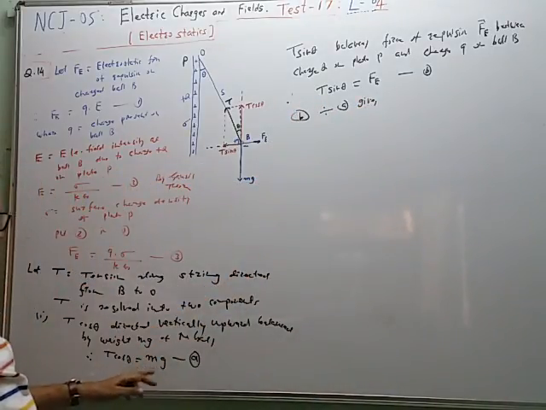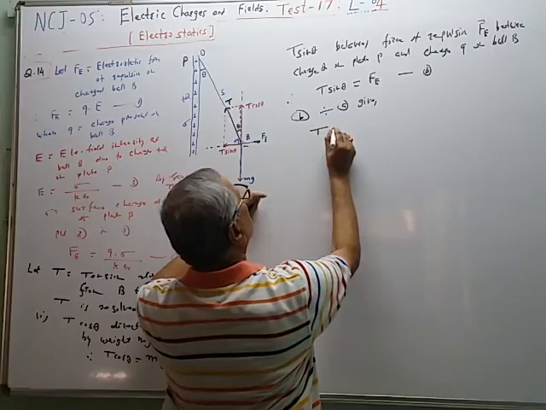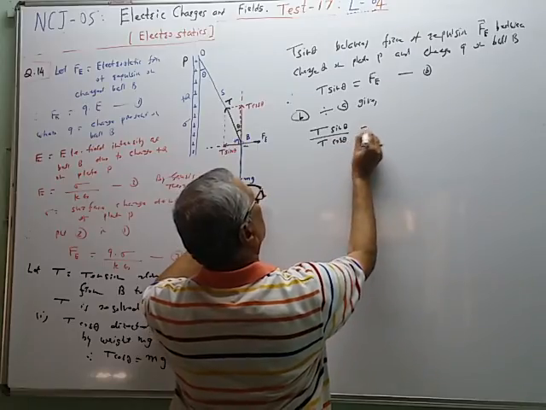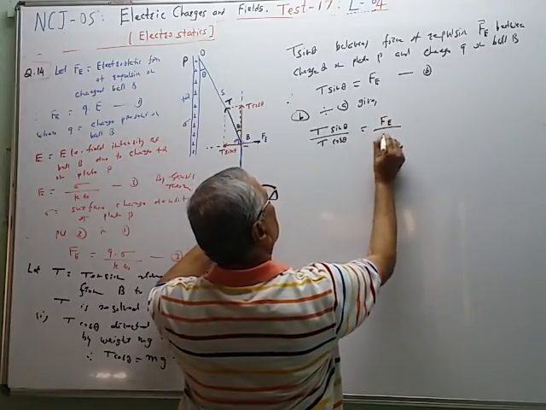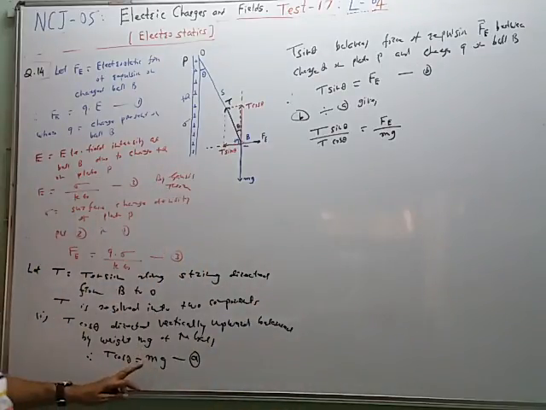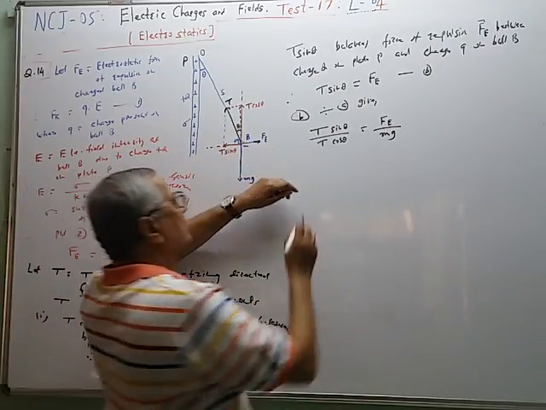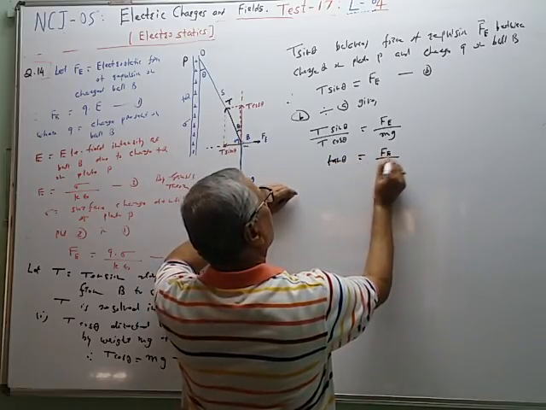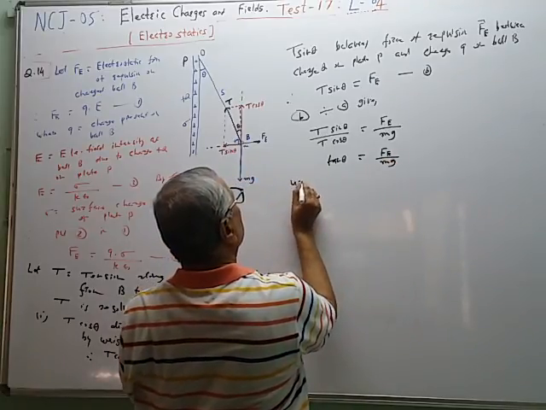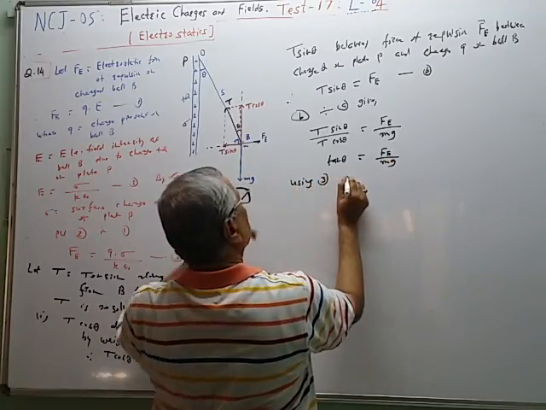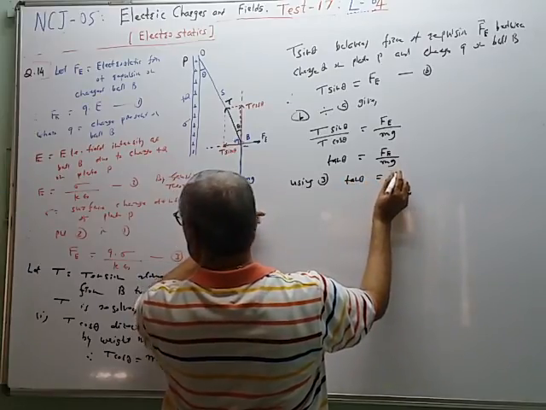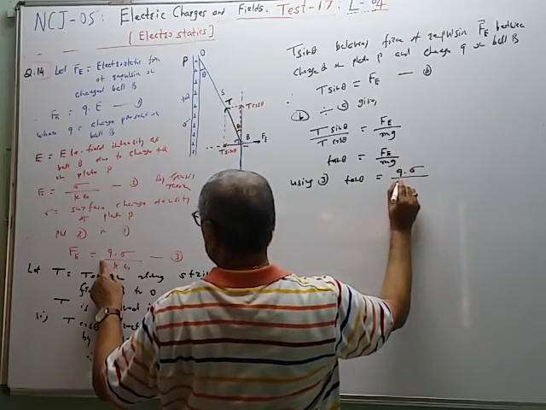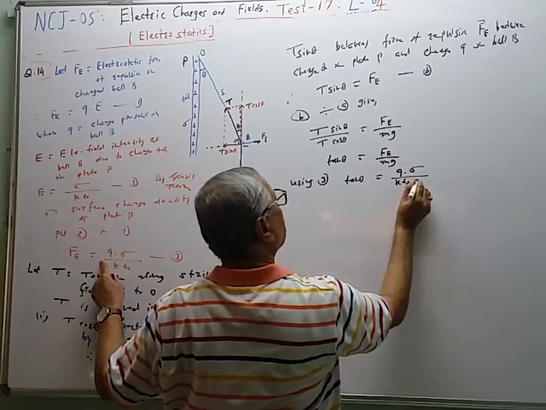We divide these two equations. So T sin theta upon T cos theta is equal to Fe upon mg. So the tension T will get cancelled. So tan theta is equal to Fe upon mg. Using 3, substituting this value, tan theta is equal to Q into sigma upon K epsilon naught m into g.